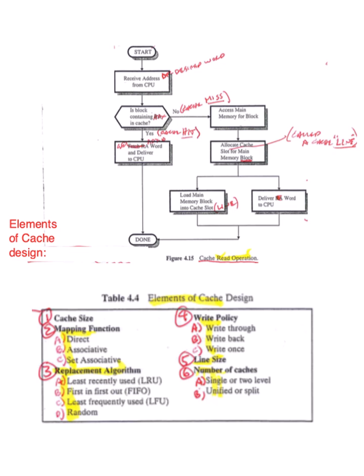So the table, these are the 6 main things that you want to consider for designing your cache. So how big it is, certainly. Then we'll talk about that. And then the mapping function.